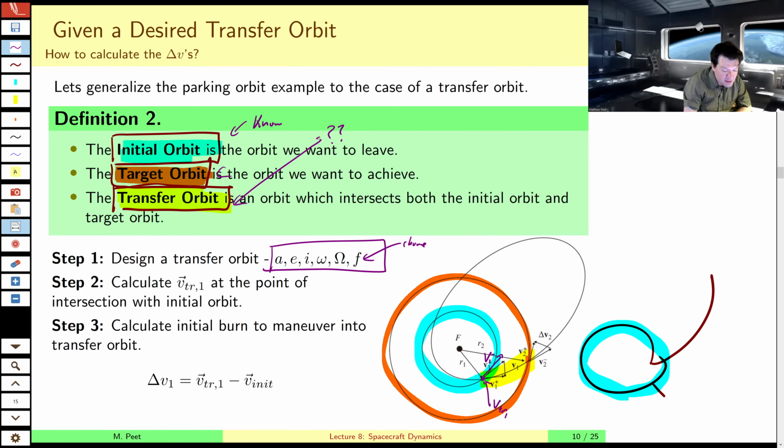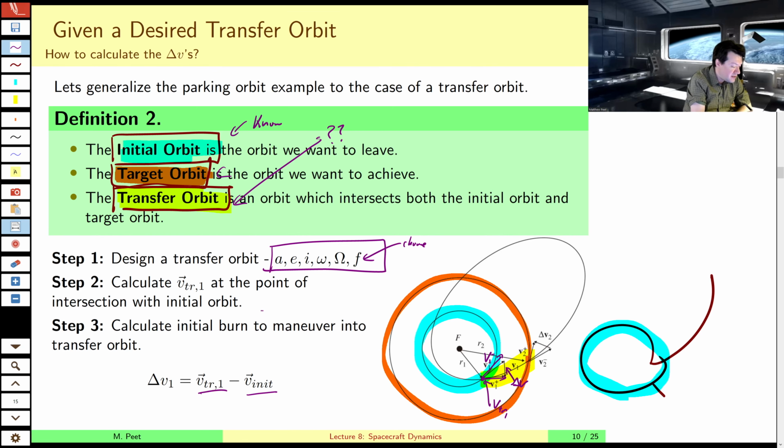And so to get from our initial orbit onto that transfer orbit, we have to do a delta V maneuver, which is this one right here, delta V. In 2 dimensions or 3 dimensions, this is 2 dimensions, that delta V maneuver is just the difference between that transfer orbit velocity and the initial one.